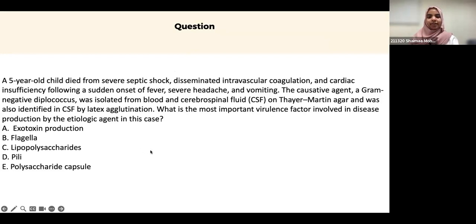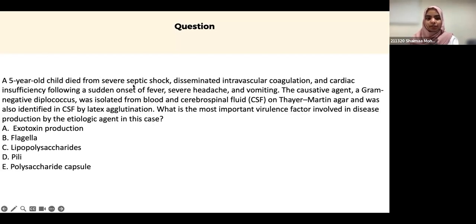So it's not the polysaccharide. Yes, the polysaccharide capsule helps this bacteria, which is, what bacteria is this? Yes, Neisseria meningitidis. However, the capsule is the one that made it go to the brain and cause meningitis.